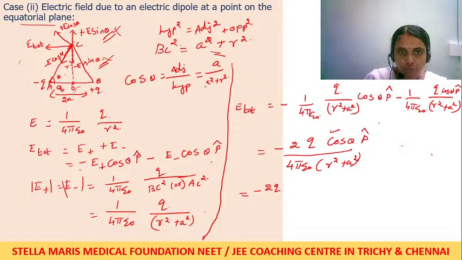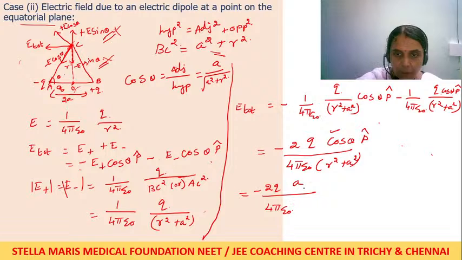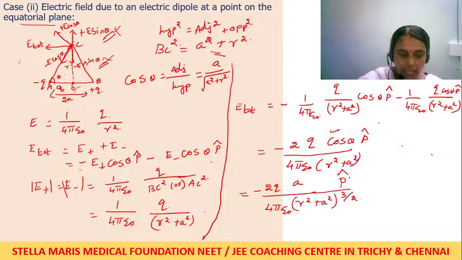2q, instead of cos theta we are going to substitute A, divided by 4 pi epsilon naught. This is the square value, but we don't have a square, so root. So A divided by R squared plus A squared the whole power 3 by 2 into P cap.